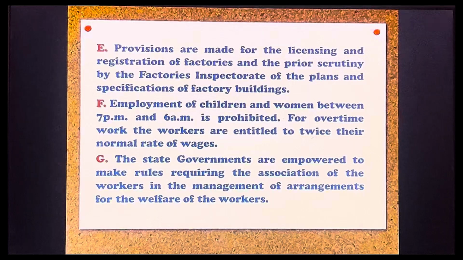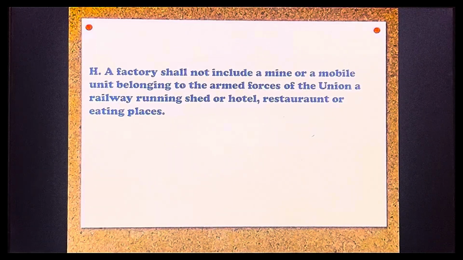Next point, the state governments are empowered to make rules requiring the association of the workers in the management of arrangements for the welfare of workers. Next point, a factory shall not include a mine or a mobile unit belonging to the armed forces of the Union, a railway running shed or hotel, restaurant or eating places.